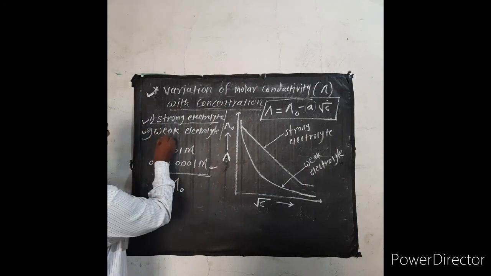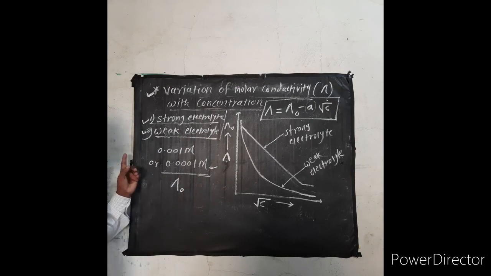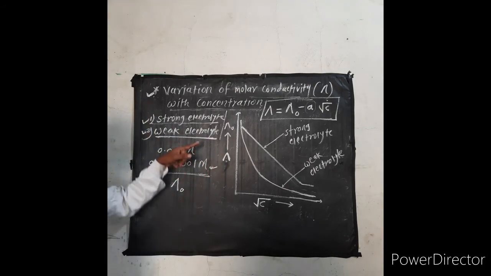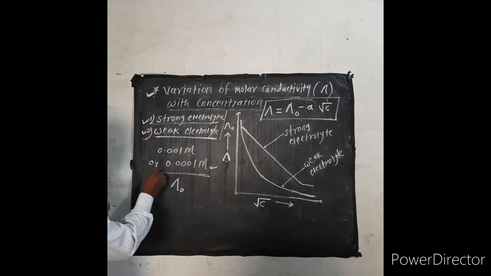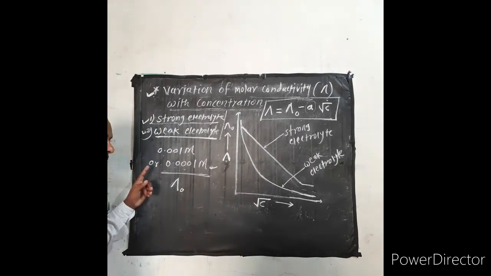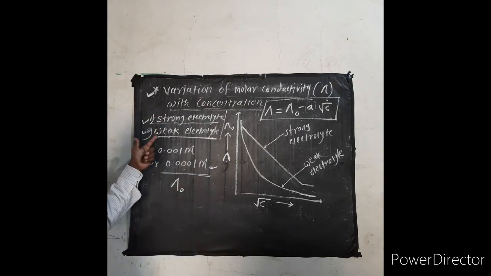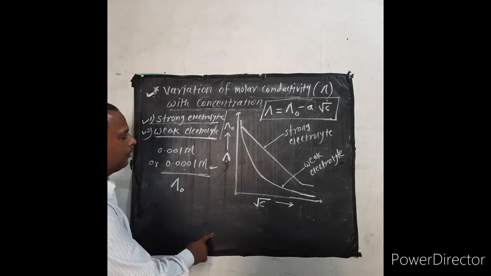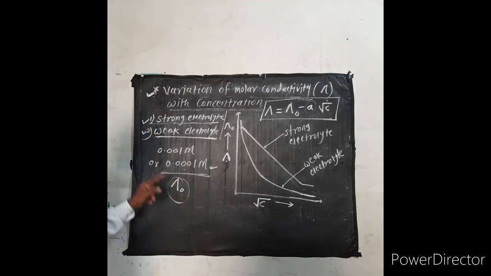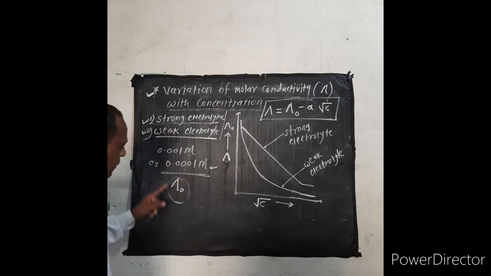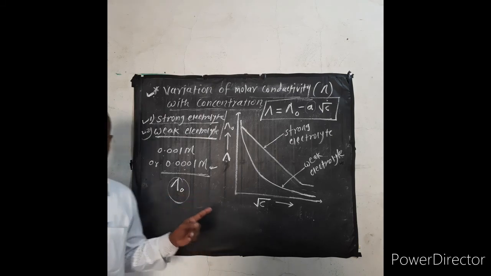Now, in the case of a weak electrolyte, the molar conductivity also increases rapidly on dilution. At a concentration of 0.001 molar, the molar conductivity of the weak electrolyte is much lower than the value of lambda naught, the molar conductivity at infinite dilution.